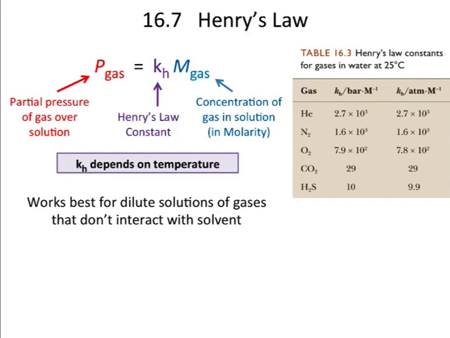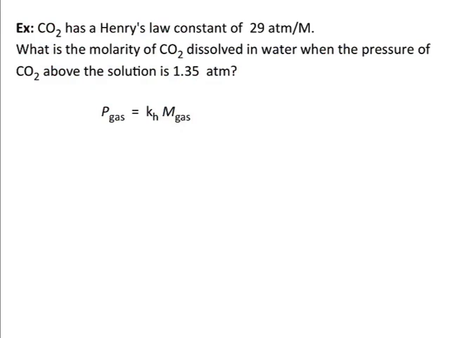Then on the right, we have some Henry's law constants for gases in water at 25 Celsius. You can list these in either bar or atmosphere or whatever pressure units you want. So, for example, carbon dioxide has a Henry's law constant listed here. What's the molarity of carbon dioxide that's dissolved in water when the pressure of CO2 is 1.35 atmospheres over the solution?